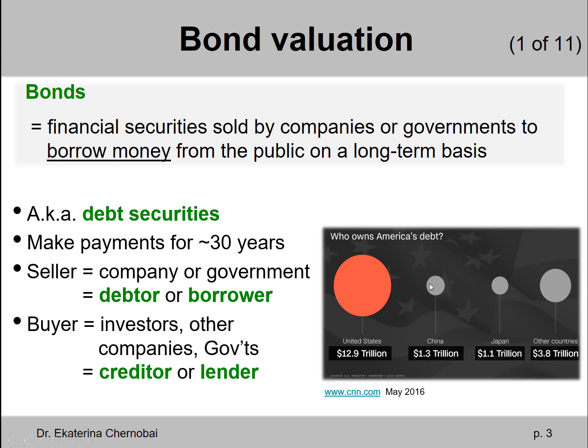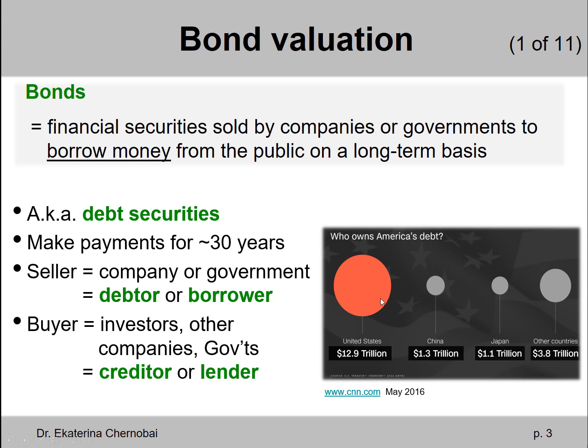China is the number one lender, 1.3 trillion. Then goes Japan, 1.1 trillion, and then a whole bunch of other countries. And there are other investors inside the United States which make up the rest of this large $12.9 trillion amount.